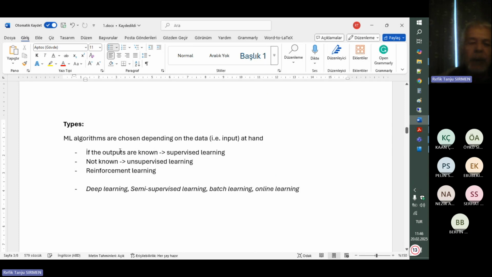If the outputs are not known, we apply unsupervised learning, and also some other methods, basically called reinforcement learning, and some deep learning, semi-supervised learning, different types of machine learning approaches we can talk about, batch learning, online learning, etc. Self-learning, for instance, self-supervised learning.